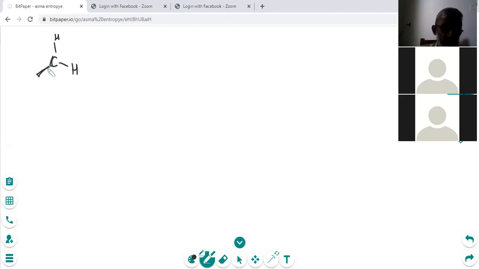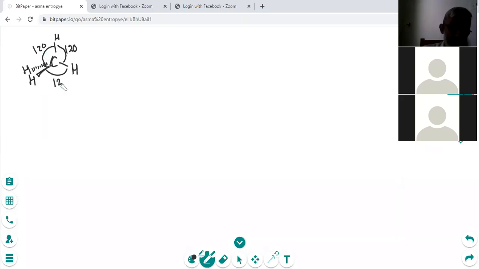Then this is a bond which is towards you, and very close to it, you draw the next one that is away from you. Ideally, this angle is 120 in the plane, and this also is 120.